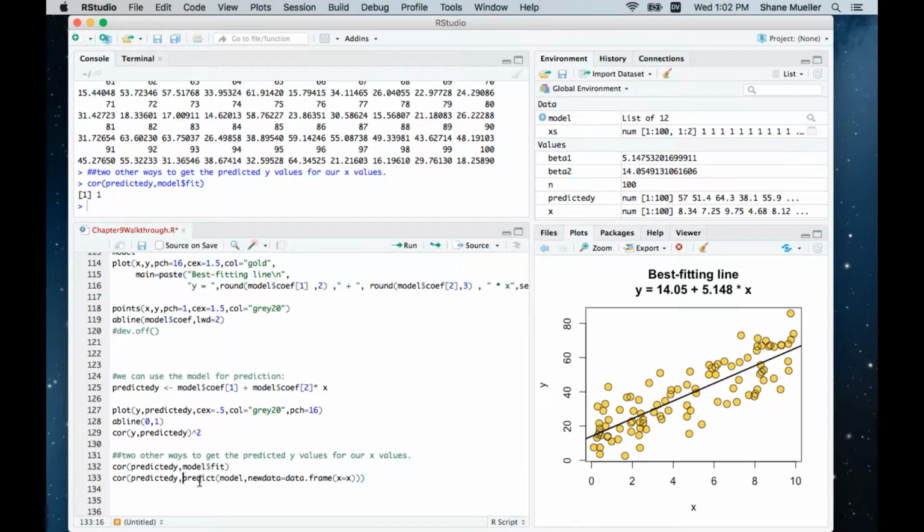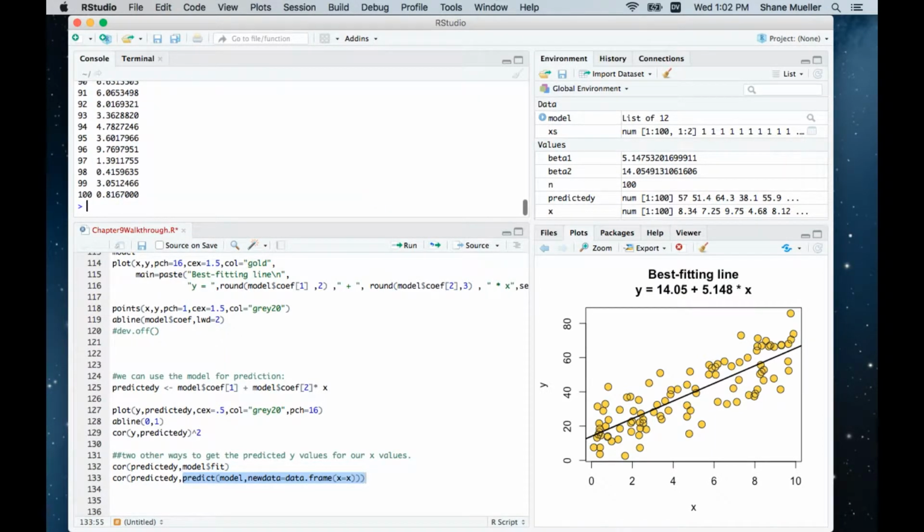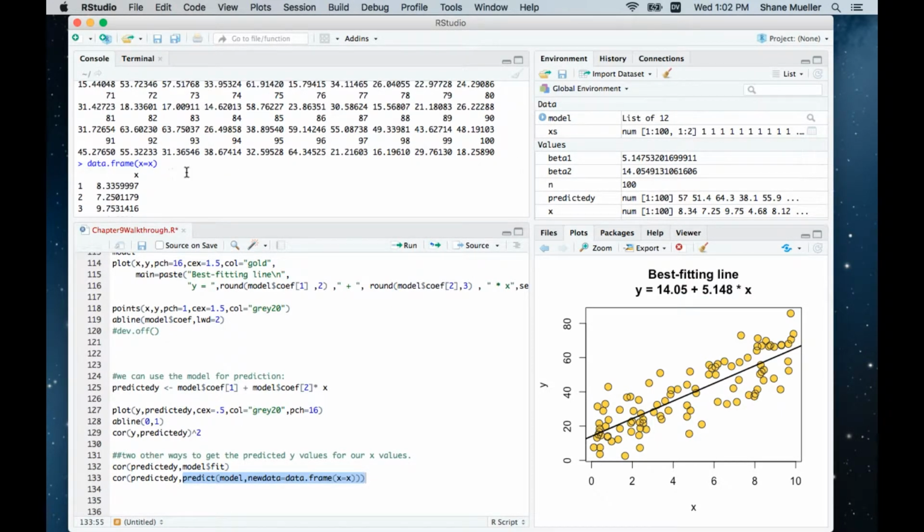It takes the model as your first argument, and then a data frame, which includes any predictors you have, as your second argument. So if I give it data frame x equals x, I've got one variable in this data frame called x.